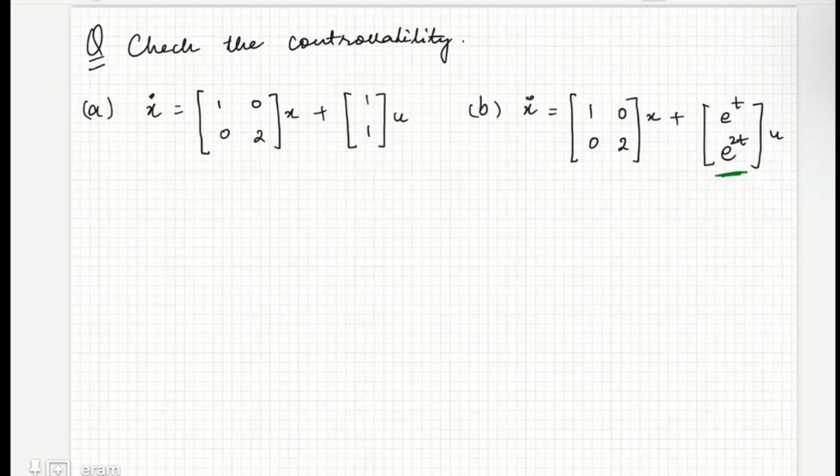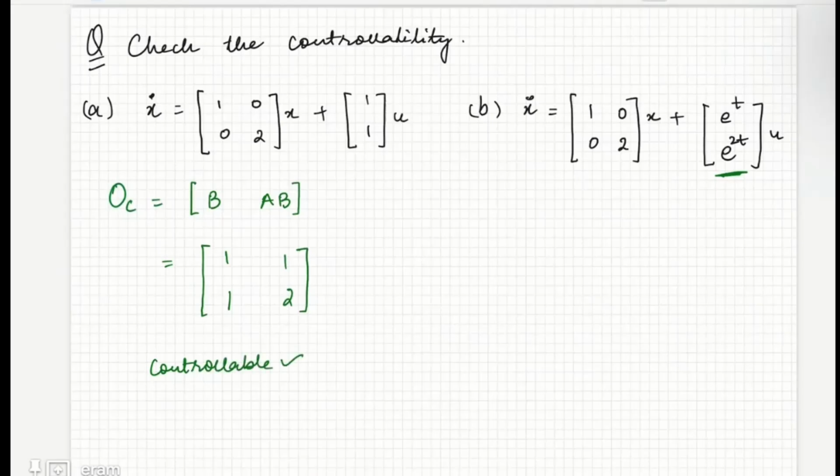We just have to check the controllability matrix [B AB] because it is a second order system. If we solve this, B is [1; 1] and AB will give [1; 2]. Now if we check the determinant, it is 2 minus 1 equals 1. Since the determinant is non-zero, it has full rank, so this system is controllable.